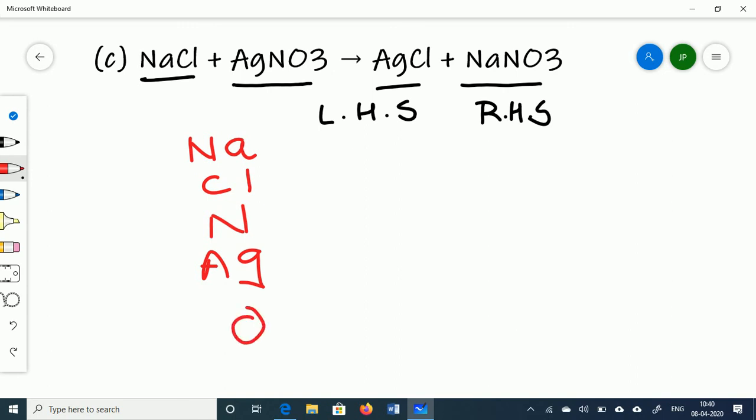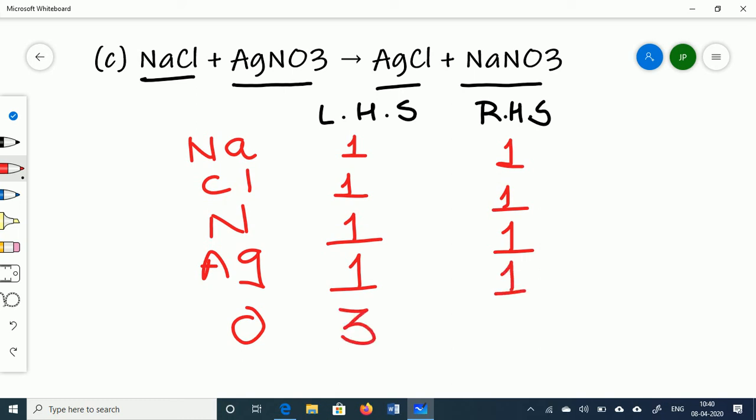Sodium is 1 on the left hand side, is 1 on the right hand side also. Chlorine is 1 on the left hand side, is 1 on the right hand side also. Nitrogen is 1 on the left, 1 on the right also. Silver is 1 on the left, 1 on the right also. Oxygen is 3 on the left hand side and 3 on the right hand side.